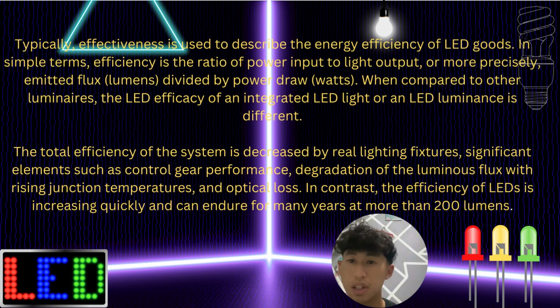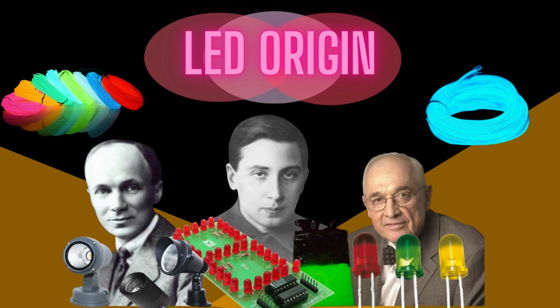Significant elements include control gear performance, degradation of the luminous flux with rising junction temperatures, and optical loss. In contrast, the efficiency of LEDs is increasing quickly and can endure for many years at more than 200 lumens per watt.